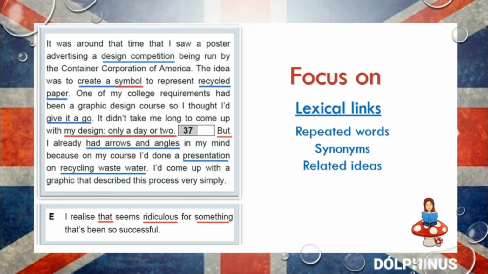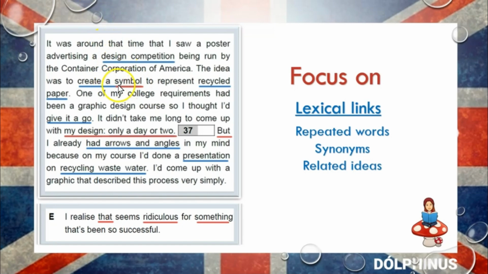I'm going to make reference, for example, with synonyms. I am going to take out design and I'm going to place it here. So it would be, it didn't take me long to come up with mine, only a day or two. I realize that seems ridiculous for a design that has been so successful.